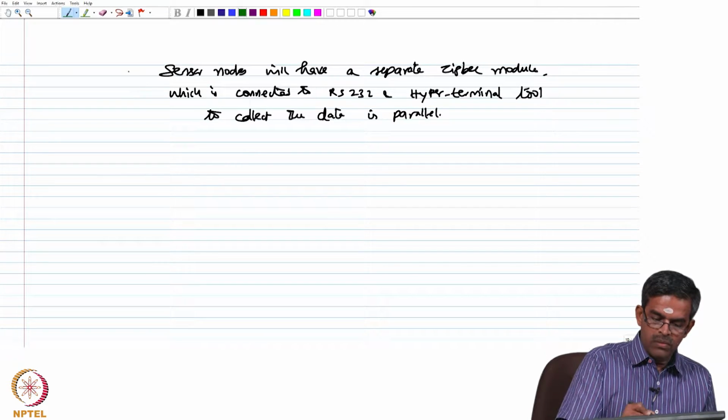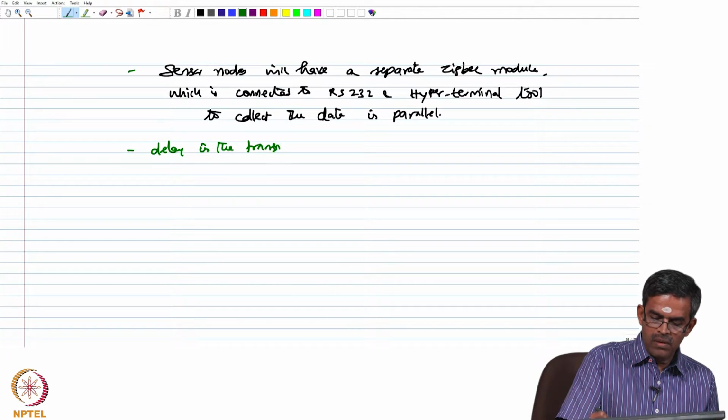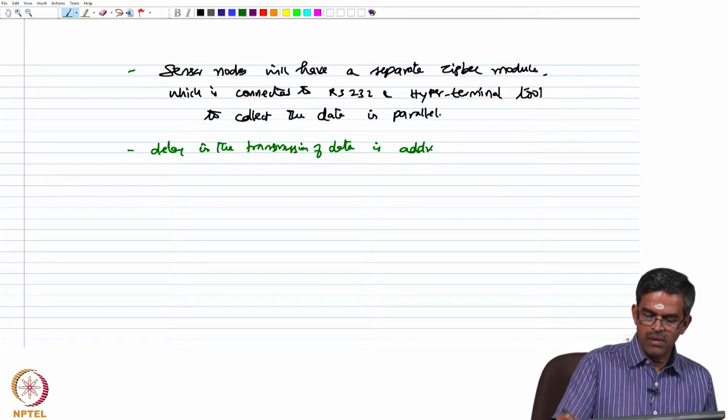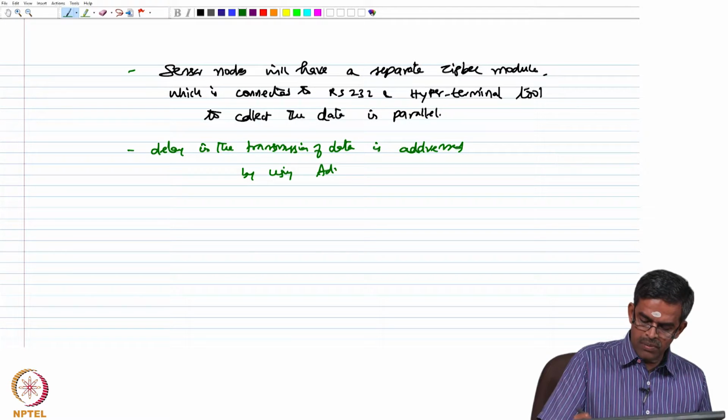So, now delay in the transmission of data is addressed by using advanced transmission protocol.